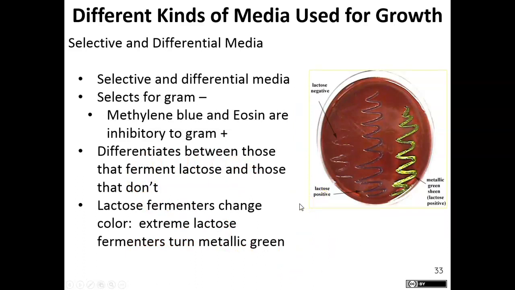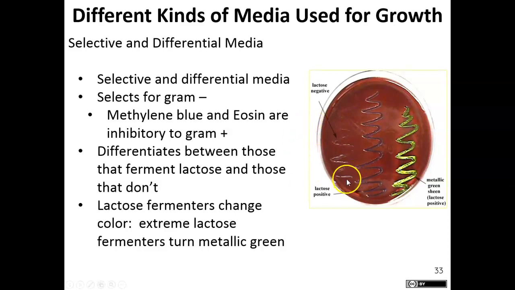We also have eosin methylene blue agar. Eosin methylene blue agar is selective and differential. This time it selects for gram-negative bacteria. And methylene blue and eosin are both inhibitory of gram-positive. And then those that do grow are all gram-negative, and then it will differentiate them based on their ability to utilize lactose.